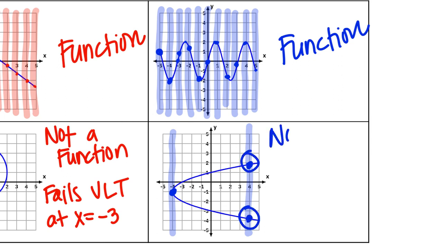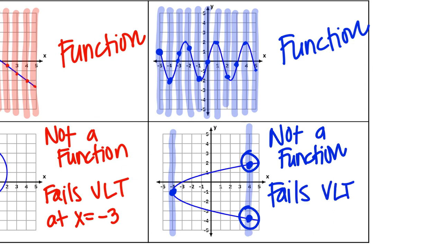So this one is not a function because it fails the vertical line test at x equals 4. In fact, it fails the vertical line test at -3, at -2, at -1, at 0. All the rest of these it fails. I just happen to pick that last one.